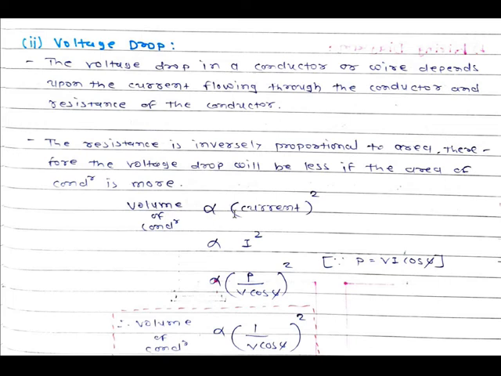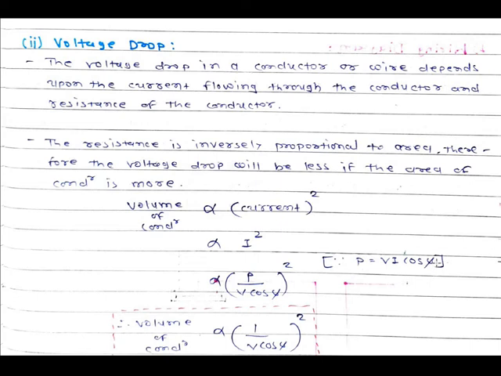Now the volume of the conductor is directly proportional to the current square. We know that the volume V for the particular conductor is directly proportional to the current I square. We also know the equation for AC power: P is equal to VI cos phi.